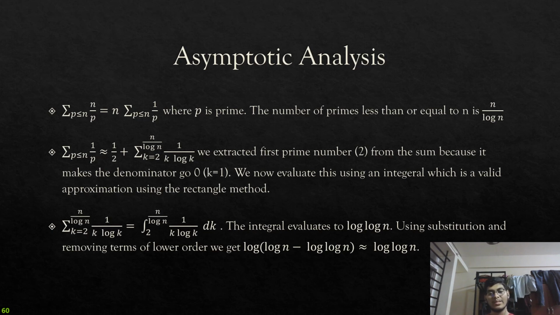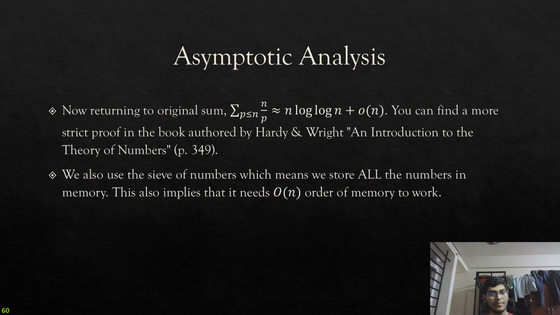We now evaluate this using an integral, which is a valid approximation using the rectangle method. The integral, as is shown here, evaluates to log n, because it is the integral of 1 by k log k dk. Using substitution and removing terms of lower order, we get log of log n, which in time complexity terms is log log n.